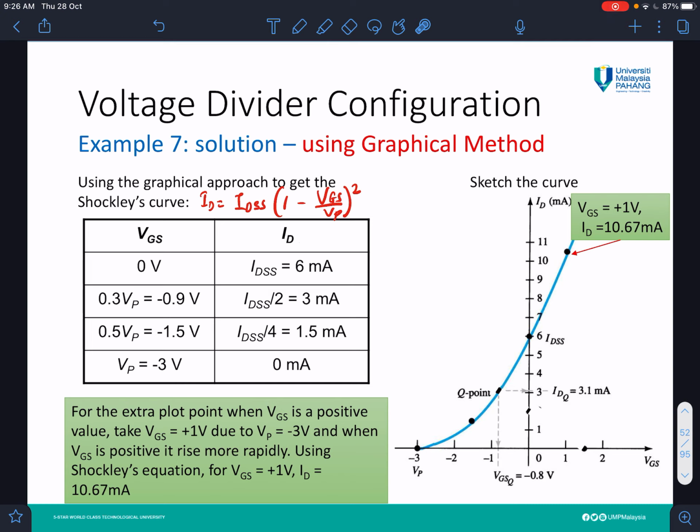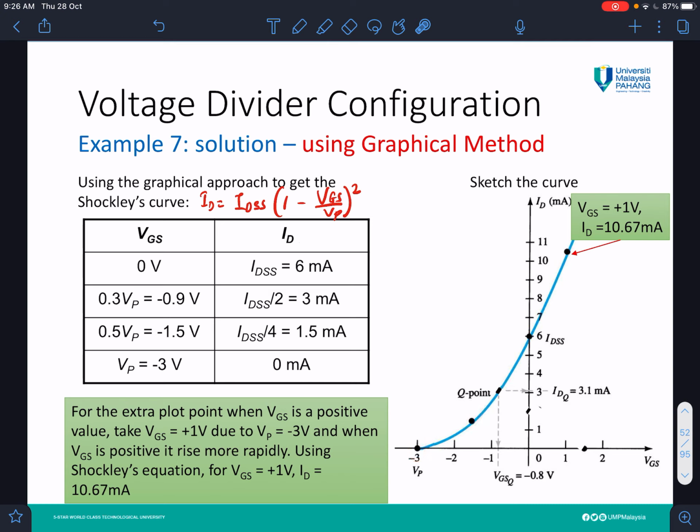For ID, IDSS you get 6, this one is 3 milli, this is 1.5, and the final is 0 milliampere. And then you get 4 points: 1, 2, 3, 4, somewhere around here.